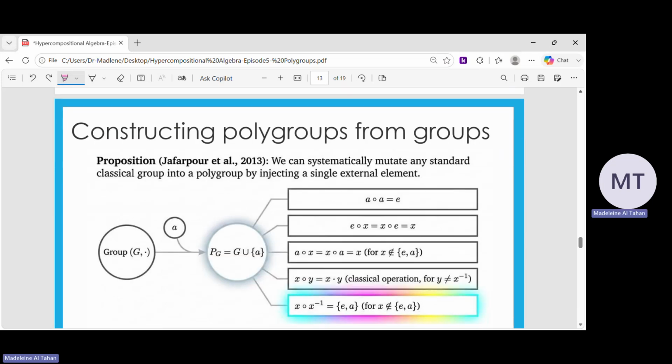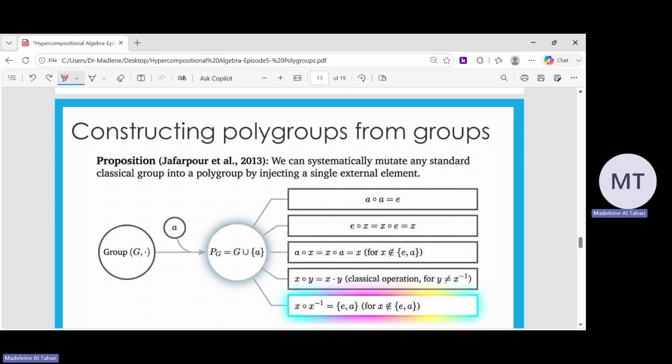Another way to construct a polygroup from a group is the one that we will present today. Starting with a classical group, we can inject a single external element. We call it A, and of course, A should not be in G. When we insert it, we take G union this one, and we call it PG.